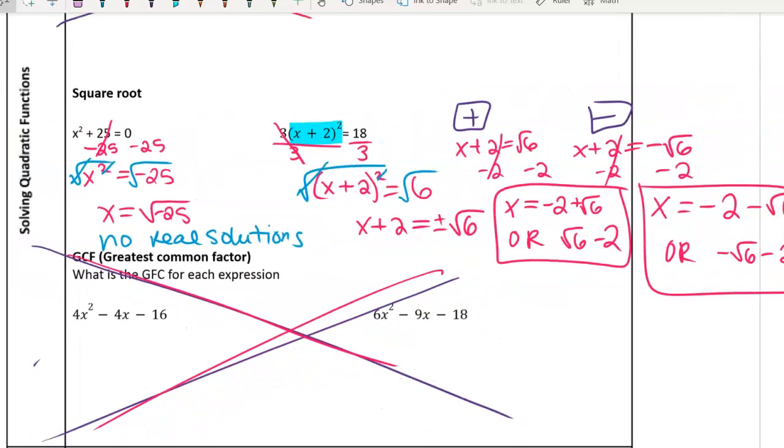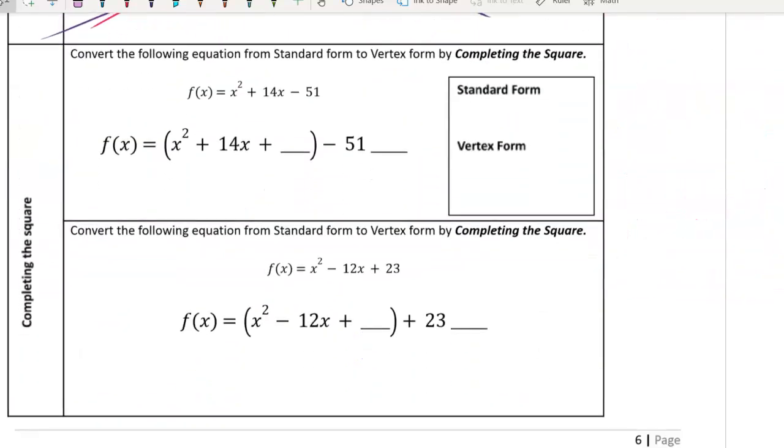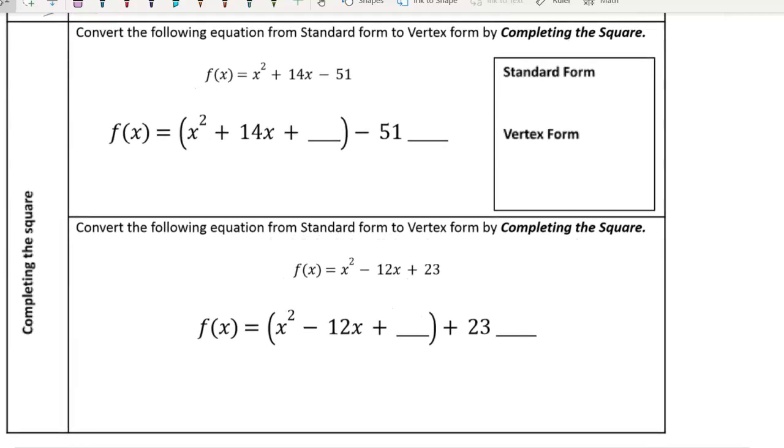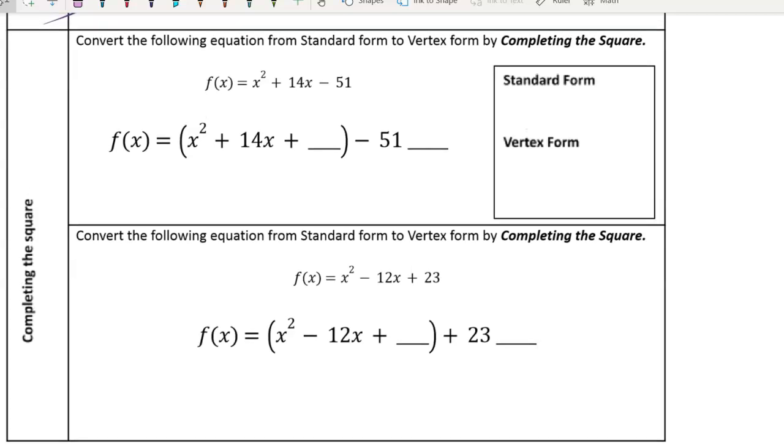Okay, so let's go ahead and move down. We're getting back into completing the square, and as a reminder, when we are using completing the square, we're doing this to transform a quadratic equation in standard form. We're transforming it back to vertex form. So what we're going to do here, our first step, since there is no coefficient out front of the x, we're going to look at our b value, which is 14.